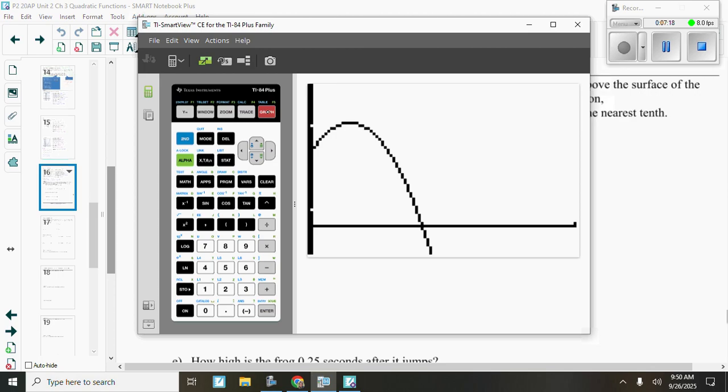There are some incorrect window settings. If I can't see the maximum of my parabola, or I can't see my intercept point, then I would say your window's not tall enough, or not wide enough. But if you make it really all-encompassing, and you can see everything, technically that would be a correct window setting.